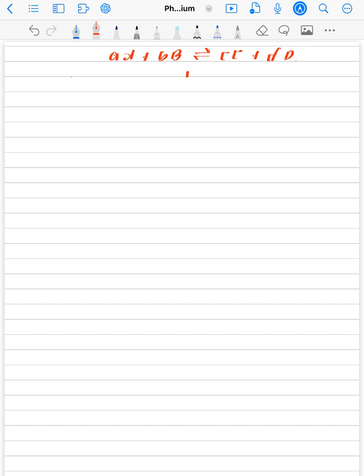Now if we are speaking about Kc, then Kc is equal to the active concentration of C raised to c into the active concentration, that is active masses, of D raised to d, the whole thing divided by the active mass of A raised to a into the active mass of B raised to b. Similarly, we can have it for the Kp.